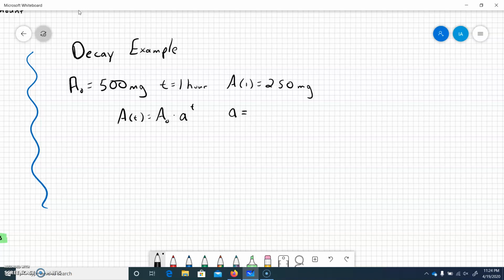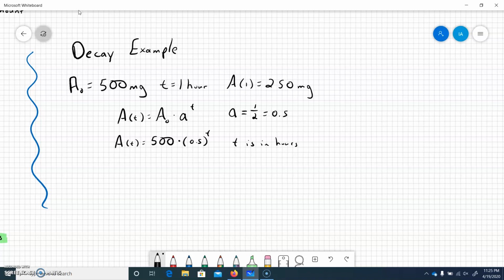Well, the 1 hour here is very helpful, but it cut in half, which is 0.5. So we could write ourselves a little function, if everything holds, where we started with 500, and we're going to be taking half every hour. So we'd have to say here t is in hours.